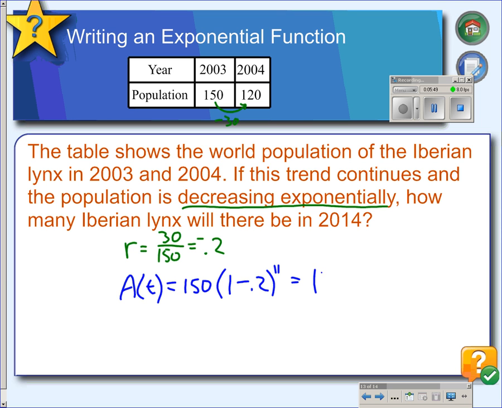This comes out to 12.88. But since we're talking about a lynx, which is actually a cat, you can't have a partial cat. So we would say that there are approximately 13 of these Iberian lynx left in the year 2014. That's it for this lesson.